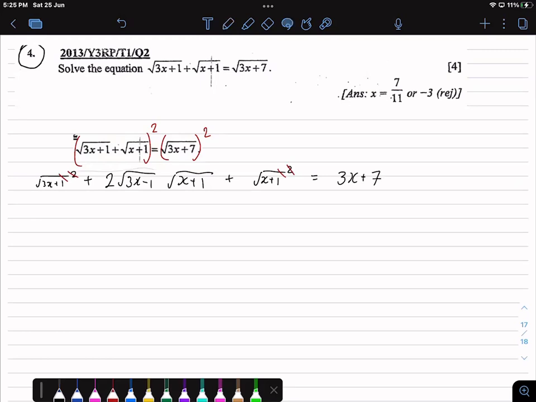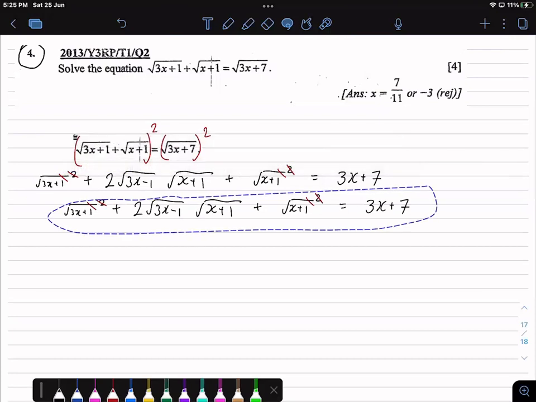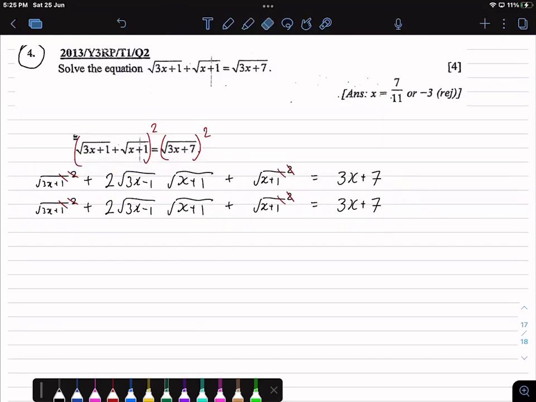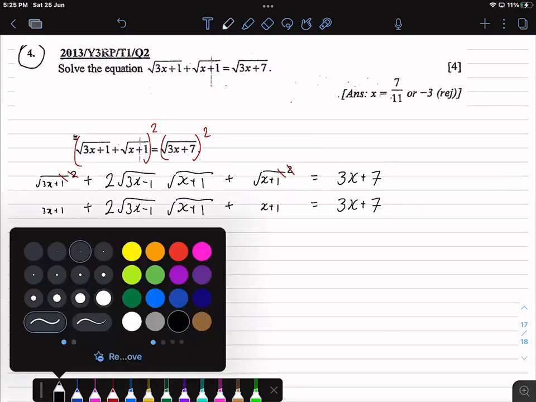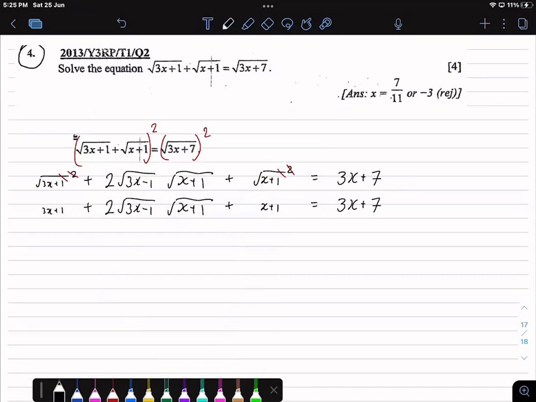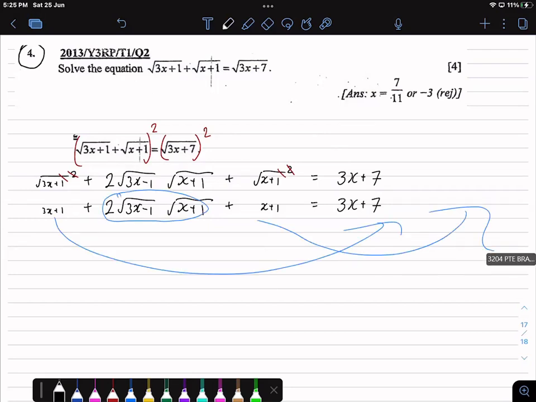Okay, I'll clean up for you by removing the square root now. Okay, can continue. What do you do? You still have this, so you move all this and this to here.